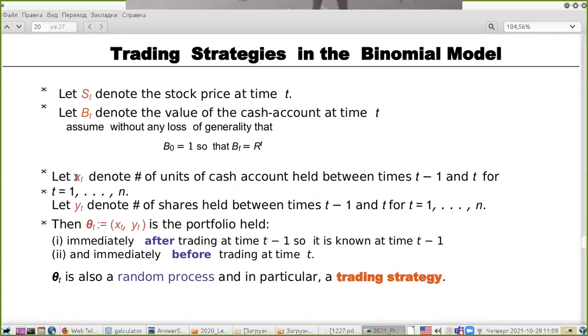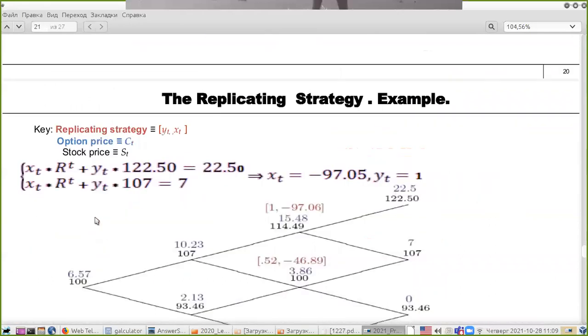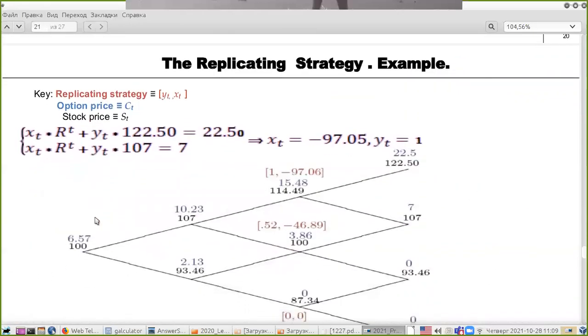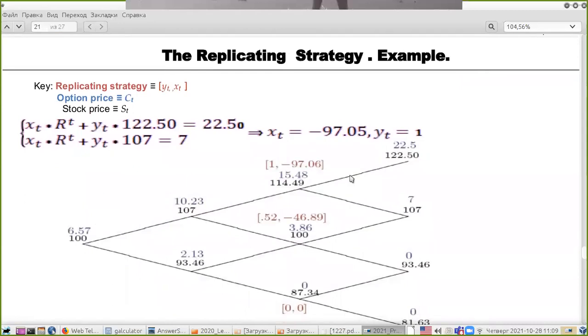For this, let x_t denote the amount of units of cash between time t minus 1 and t, and y_t denote the amount of shares held between these times. So on this tree you can see in black color the stock price, in blue color the option price, and in the square brackets the replicating portfolio.